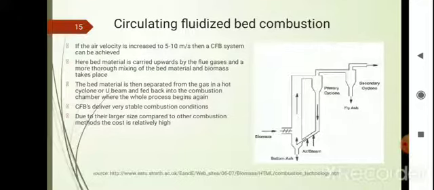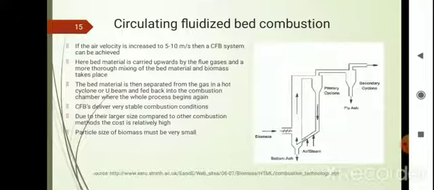Its cost will be higher, and another important drawback compared to the bubbling fluidized bed is that the particle size of biomass must be small. So compared to the bubbling fluidized bed, in the circulating fluidized bed the particle size should be very small. That is the main difference.